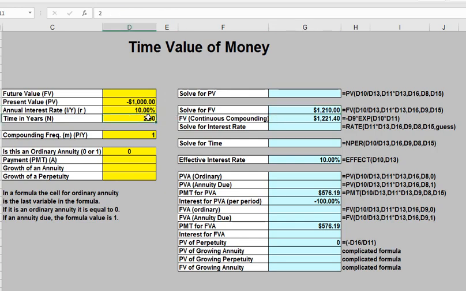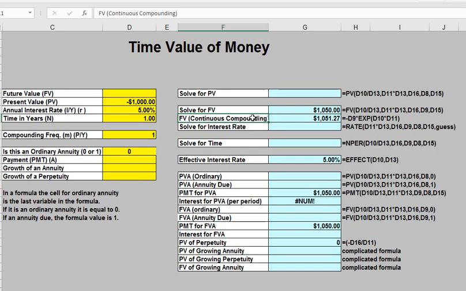What happens if we change the interest rate? Of course, if we change the interest rate, we change the solved value. So in this case, 5%, we would only have $1,050. Now there is another line item here called the future value with continuous compounding. This essentially, I like to refer to it as being kind of a theoretical value.